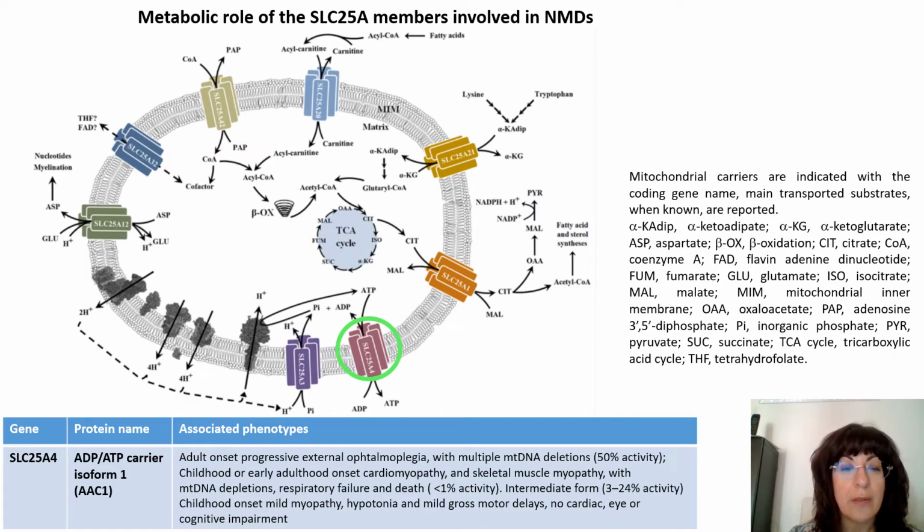The severity of the symptoms is related to the residual activity of the carrier and also to the type of defects involving mitochondrial DNA. In particular, the most severe phenotype is seen when we have a loss of activity of this protein associated with mitochondrial DNA depletions.